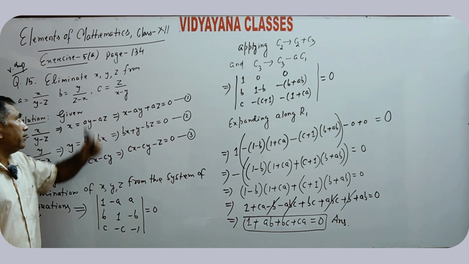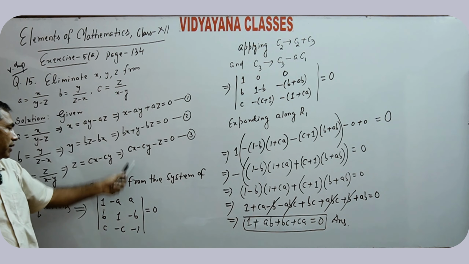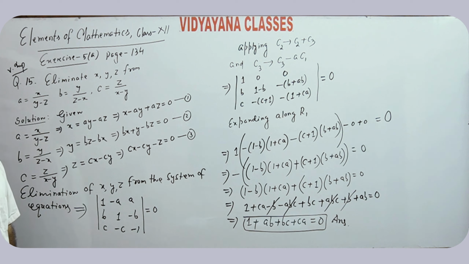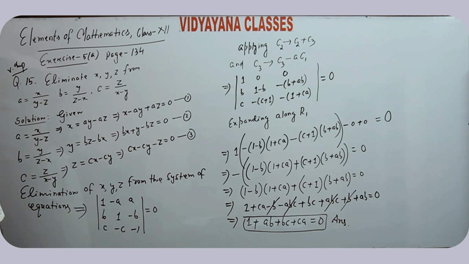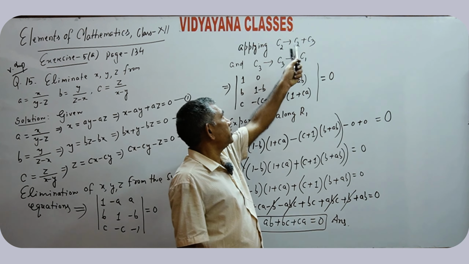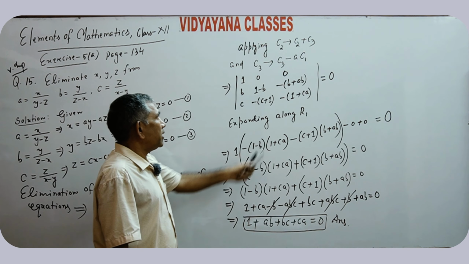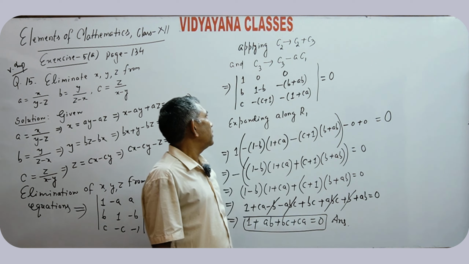Elimination of XYZ from the system of equations implies determinant of the coefficients of XYZ is equal to 0. That means the system of equations has a non-trivial solution or non-zero solution. The determinant is equal to 0. Applying C2 is replaced by C2 plus C3 and C3 is replaced by C3 minus A times of C1.